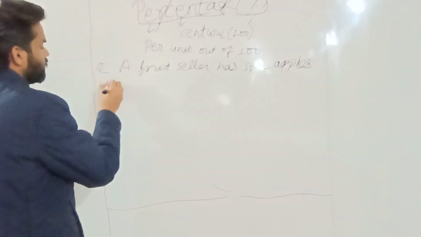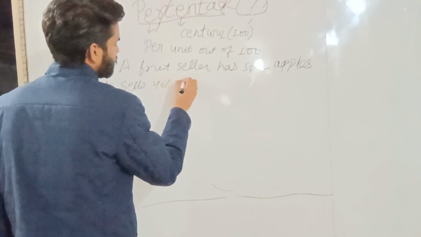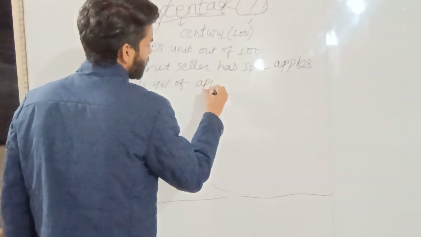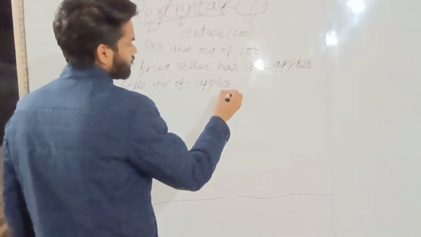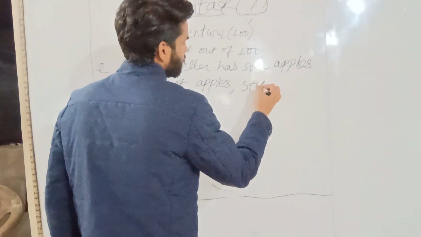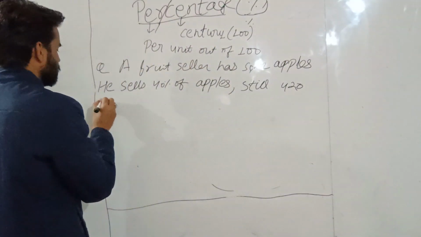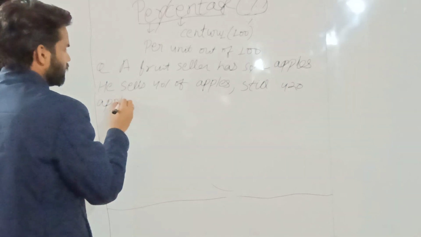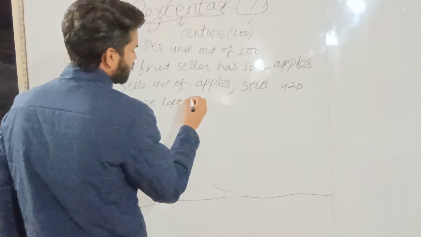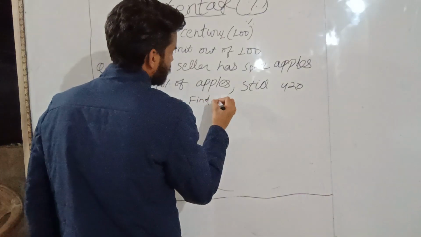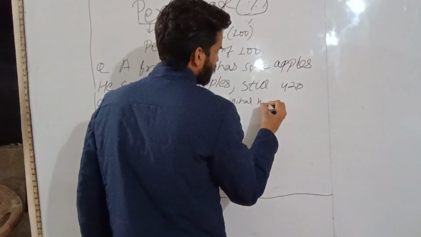Out of that, he sells 40% of apples. He sells 40% of apples. Still 420 apples are left. Then find original number of apples.